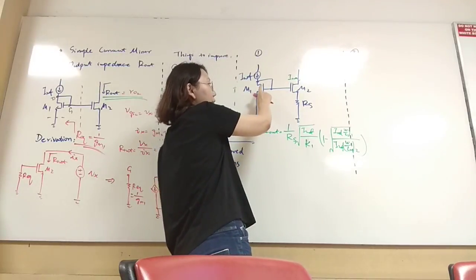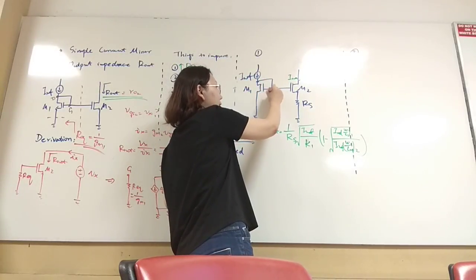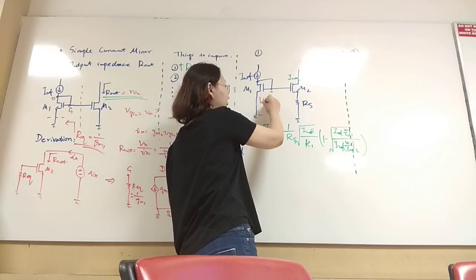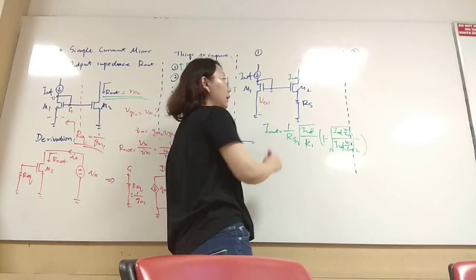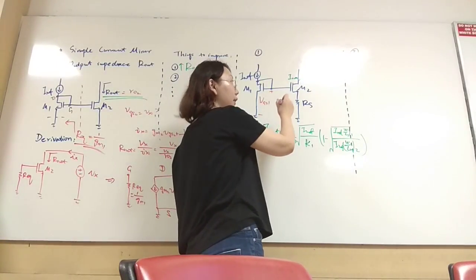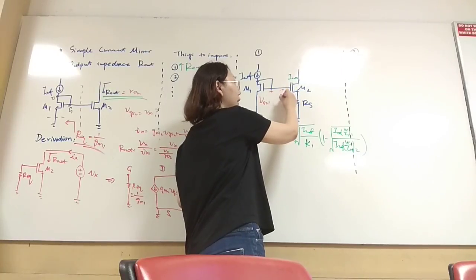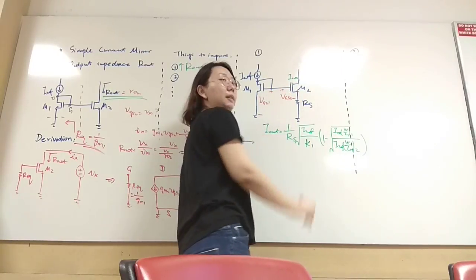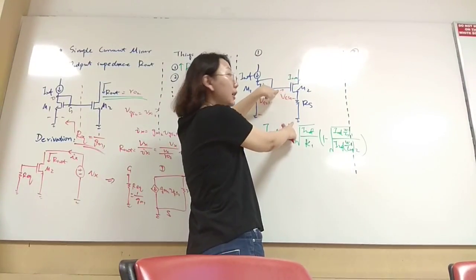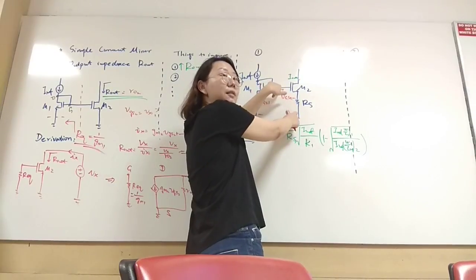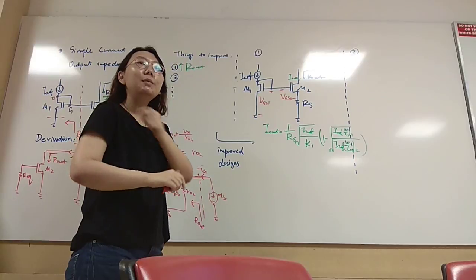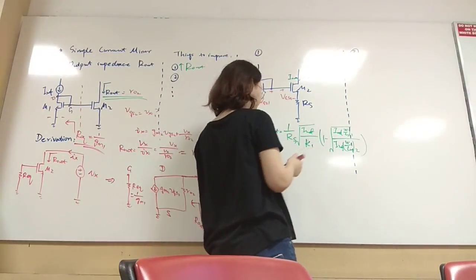So if you write the VGS, here is my VGS1. Agree? Here is my VGS2. Originally my VGS2 is between here and here, but now it's between here and here because of this resistor.